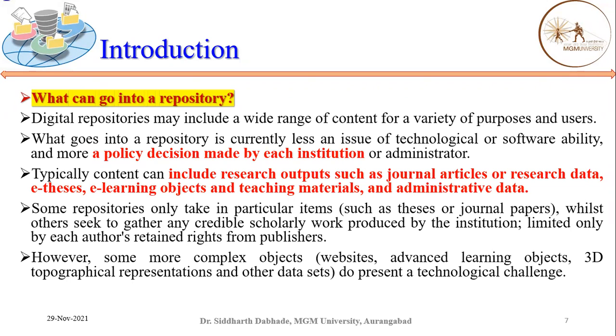Most papers are published in journals in the form of articles. You are going to produce research data, e-theses, e-learning objects, teaching materials, and administrative data. These are the possible ways we are going to use this digital repository, and this content can be accessible all over the world.